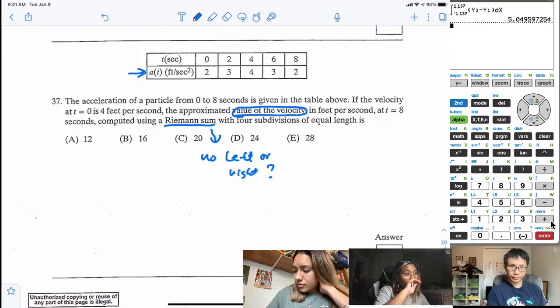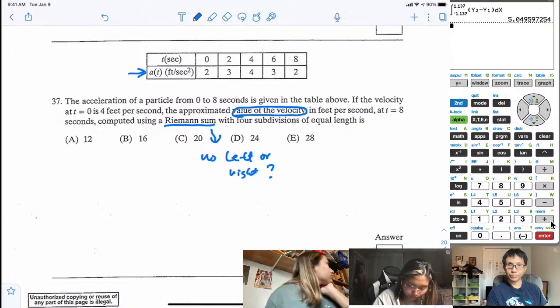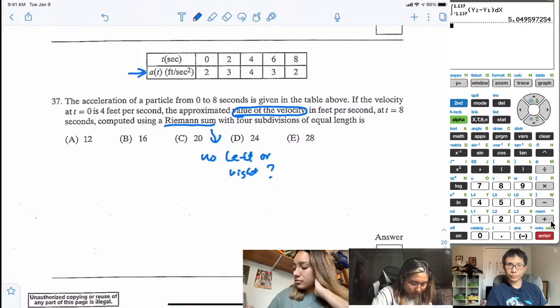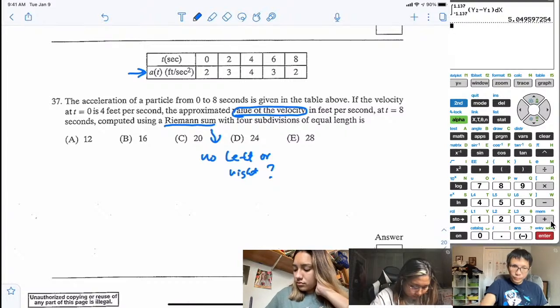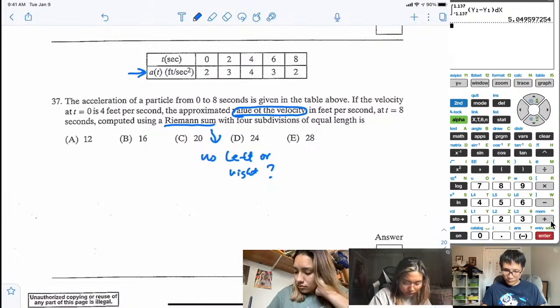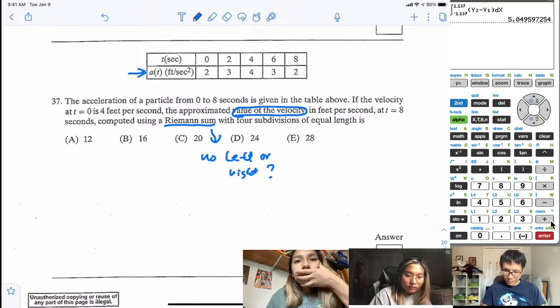What else is important? Is it the approximate value?